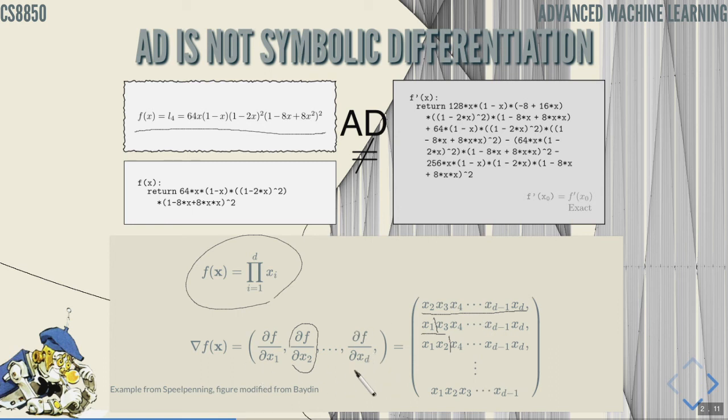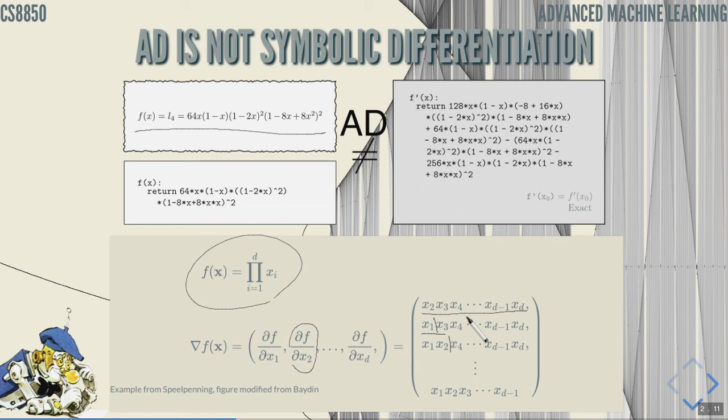So this redundancy is a problem with symbolic differentiation, that basically it's inefficient. First, you have to run some kind of symbolic solver that will return this or will return that.